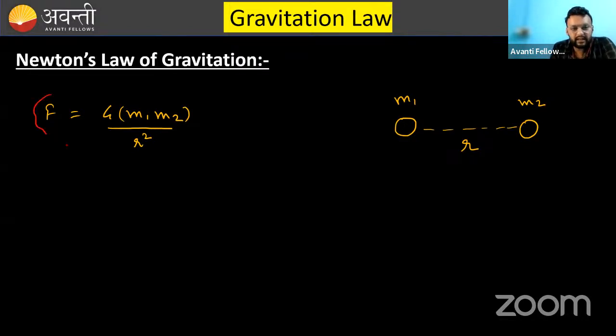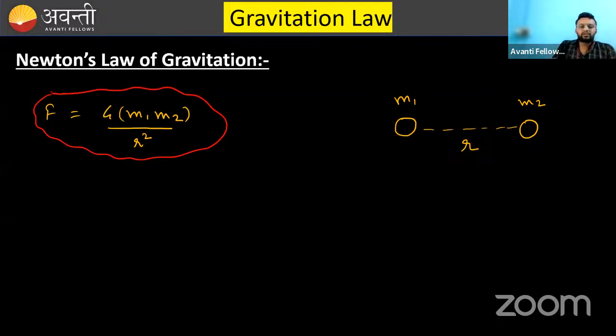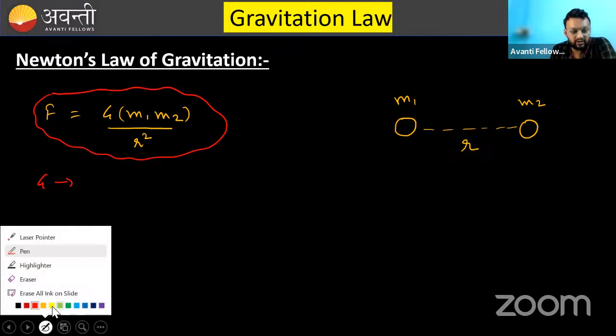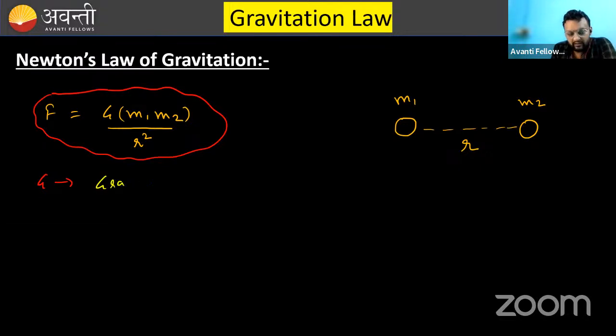That's a very simple thing and everyone should know this. Now, a few important things about this relation. What is G here? Everybody knows that G is the universal gravitational constant. I'm not going to write it out, let's suppose I'm writing gravitational constant. Now it has certain values.